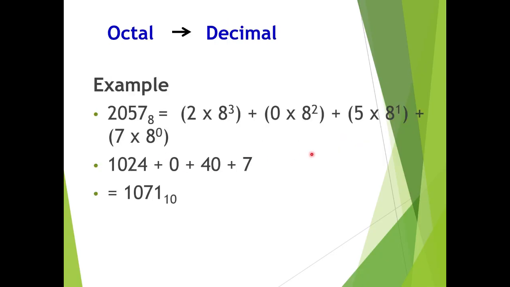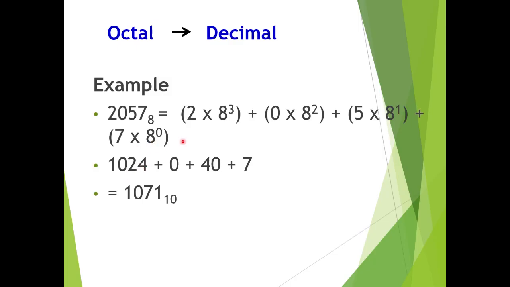Again the conversions. First let us convert an octal number into a decimal number. 2057: if I take that as the octal number and want to convert into decimal, we just have to expand with 8 power 3, 8 power 2, 8 power 1 and 8 power 0. That is the weights.